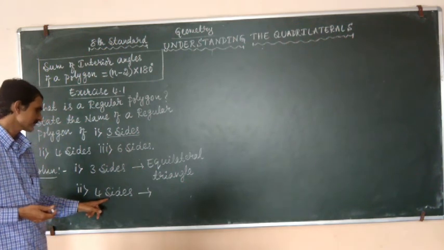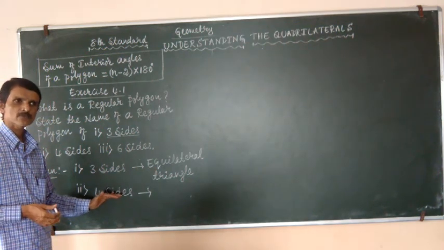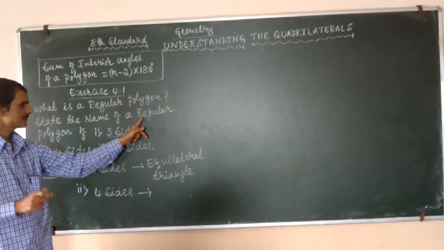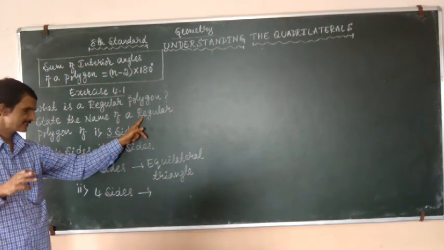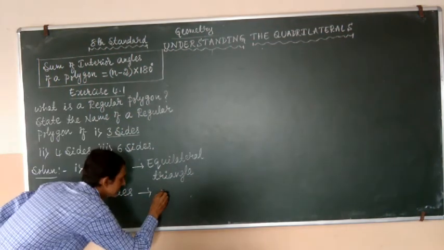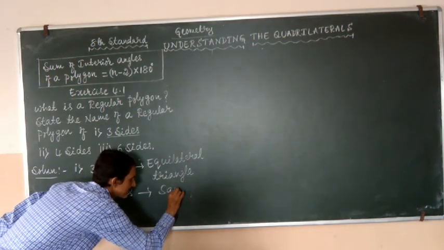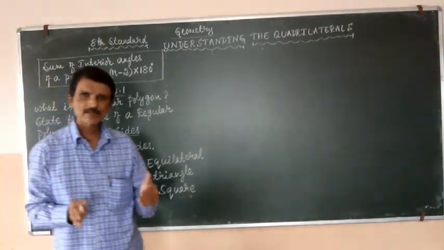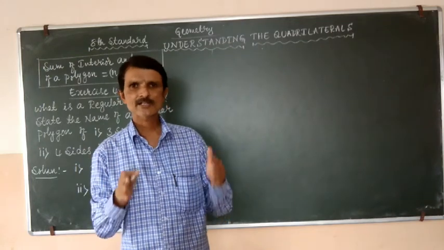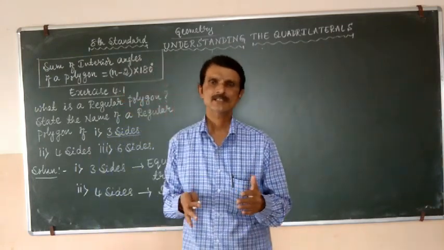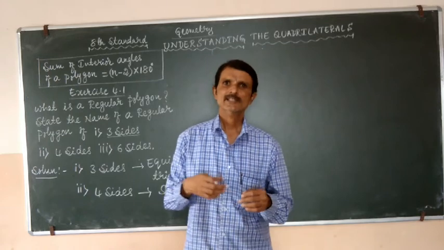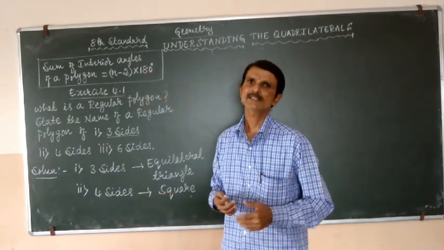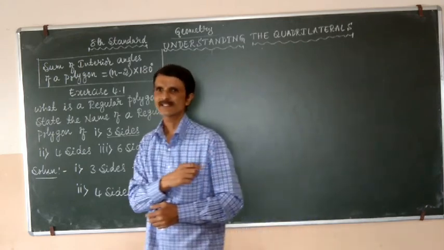So a quadrilateral with 4 sides that is regular should be a square. Because in a square, all the four sides are equal and all the angles are equal to 90 degrees.